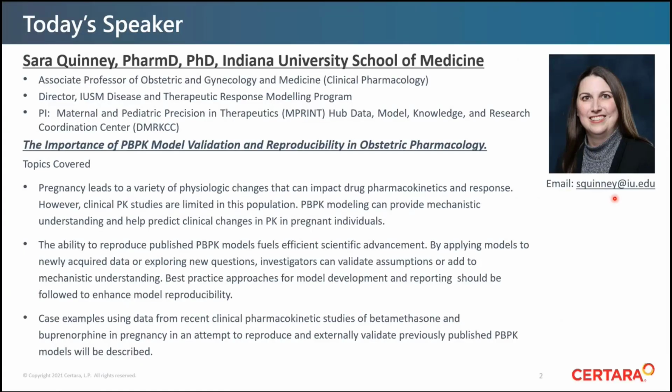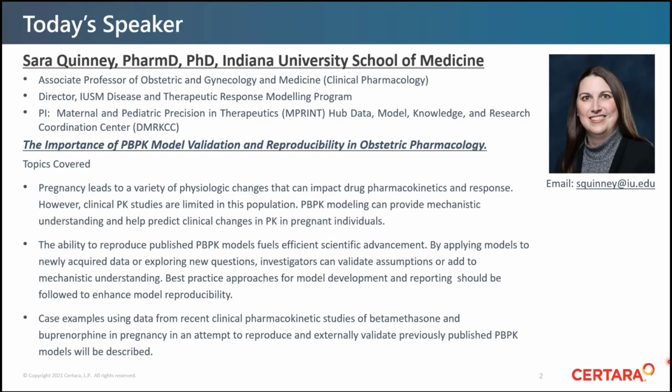So Sarah is today's speaker. She is Associate Professor of Obstetric and Gynecology and Medicine, and also a Director of the IUSM Disease and Therapeutic Response Modeling Program. And she's obviously highly involved in maternal and pediatric precision therapeutics.